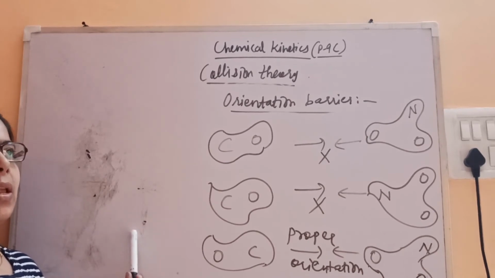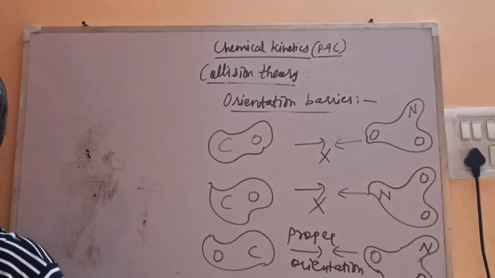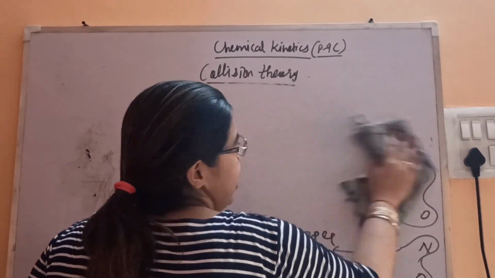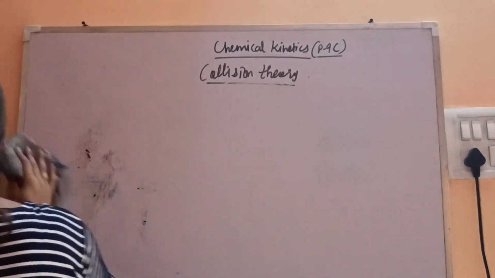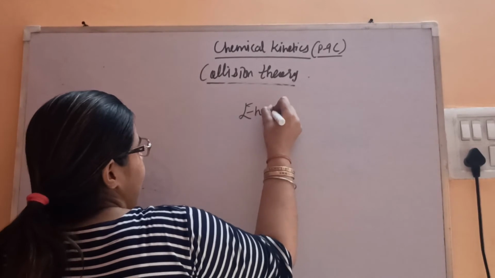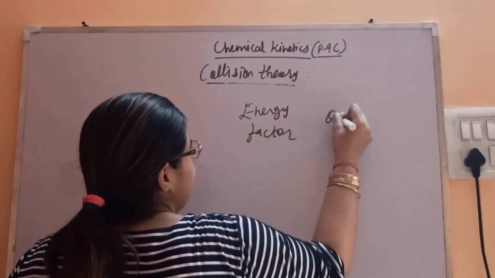Although if we consider the two factors, which is more dominating, orientation or energy? See, if orientation is proper but energy is not available, then it's also of no use. Energy factor and orientation factor.